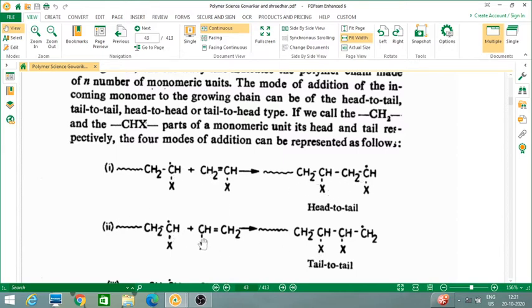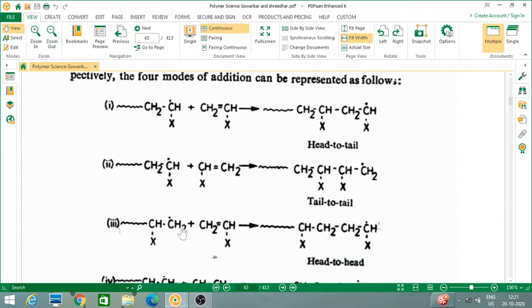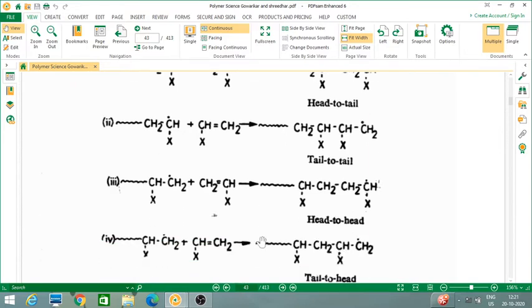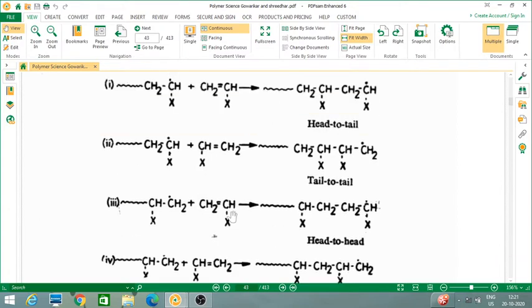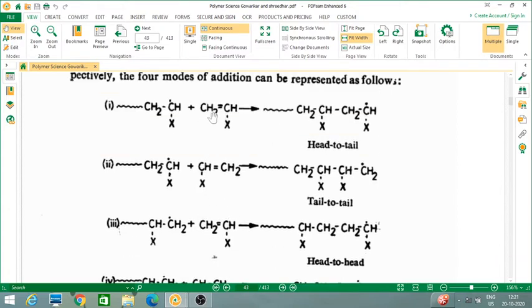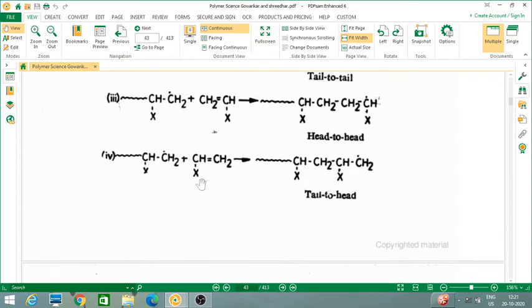Now in this case I am adding tail to tail. In this case I am adding head to head, CH2 to CH2. In this case I am adding tail to head. So you have to write first the incoming monomer species, like if it is head, you first write head and then the tail of the growing polymer chain.